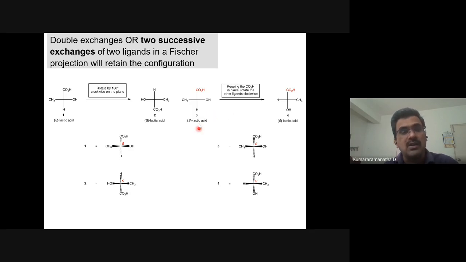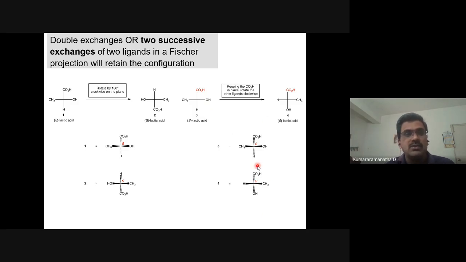Okay, now also you can see for this lactic acid structure, you can keep COOH in one place, and then rotate the other ligands in a clockwise direction, OH, H, methyl group here. Even this has got the same kind of arrangement.